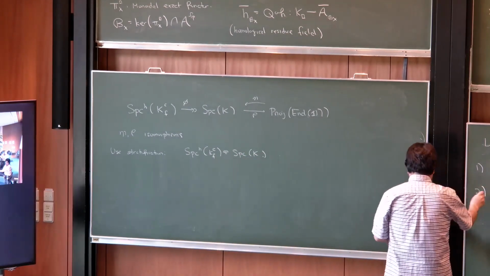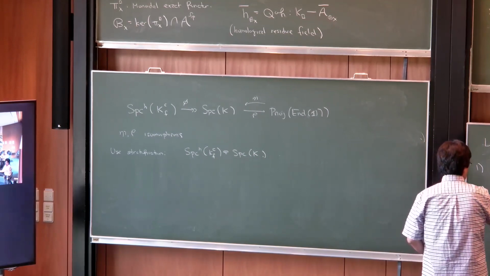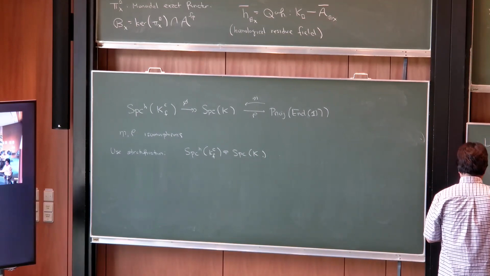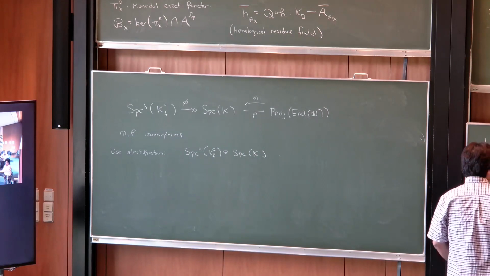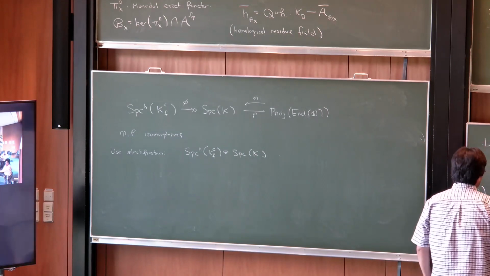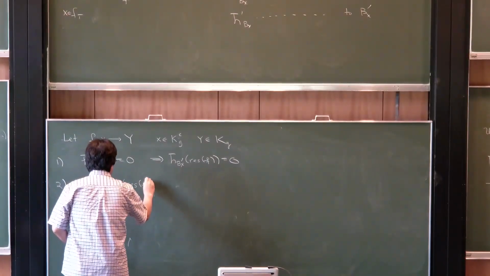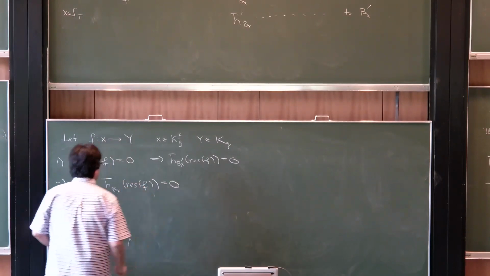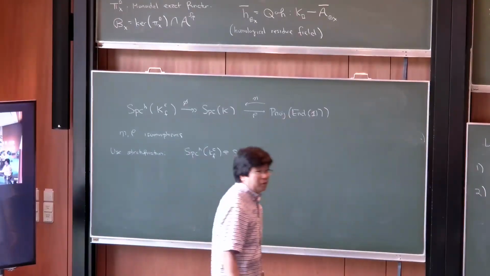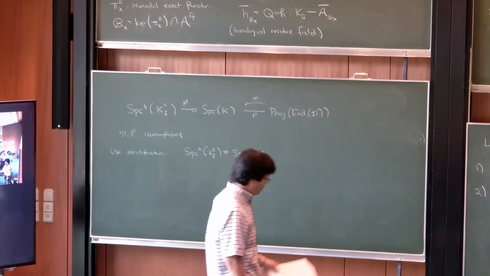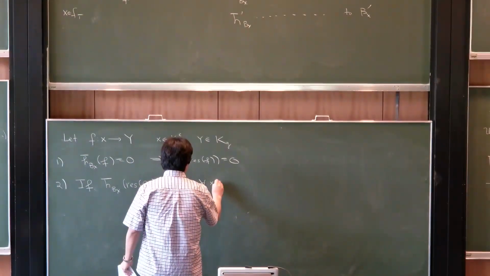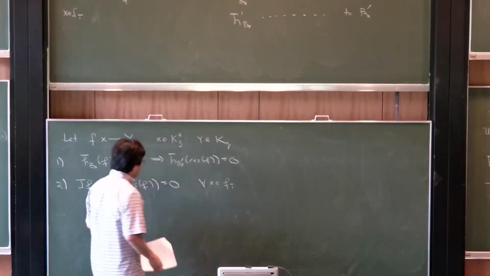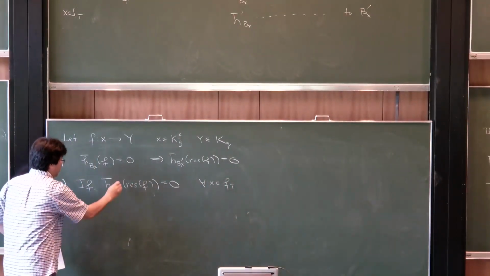Okay. Second point. Because of stratification, we can say the following. If this H P of X is 0 for all X in F1, so remember these give you, and these should be primes.